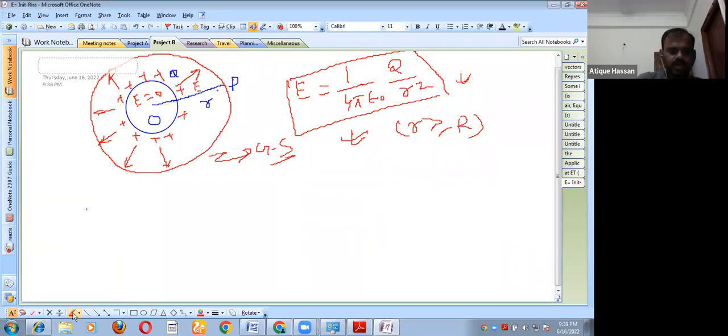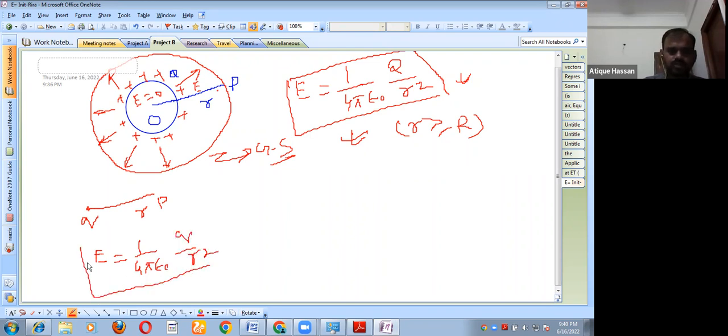If we had a point charge, a small q, and at a distance r there is a point P, then the formula for electric field was the same, 1 by 4 pi epsilon naught q by r squared. Right or wrong? Here also the electric field is the same, 1 by 4 pi epsilon naught Q by r squared. The difference is that here the charge capital Q is on the sphere, and we have to take the distance from the center.